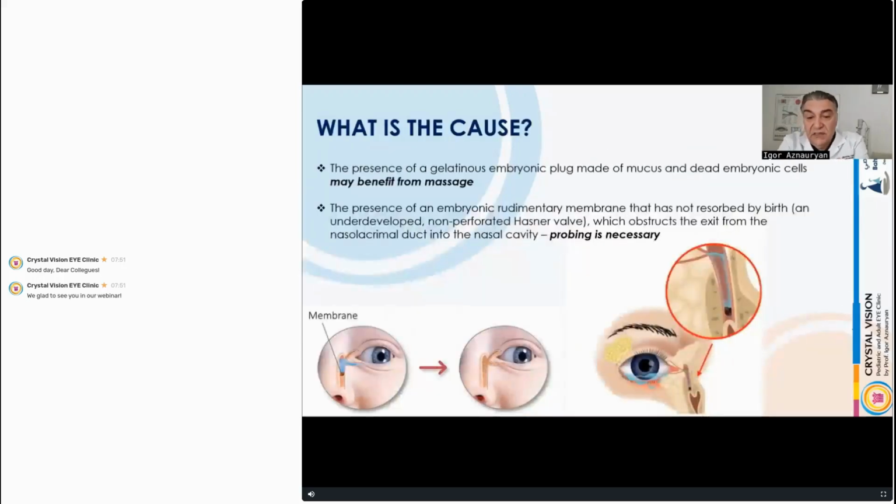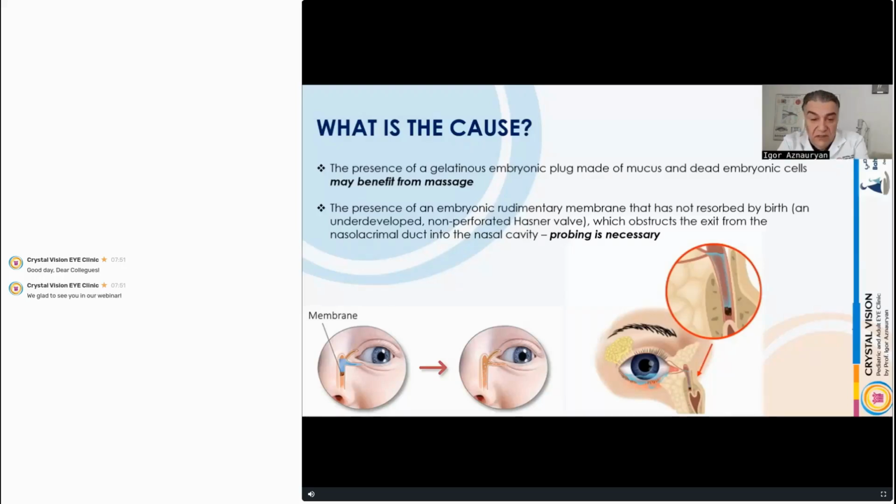The main cause of dacryocystitis in newborns is the obstruction of the nasolacrimal duct, due to the presence of a germinal plug of mucus and dead embryonic cells, or an embryonic rudimentary membrane that has not yet dissolved by the time of birth.